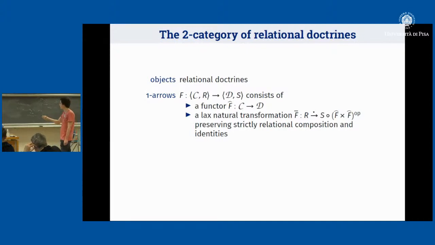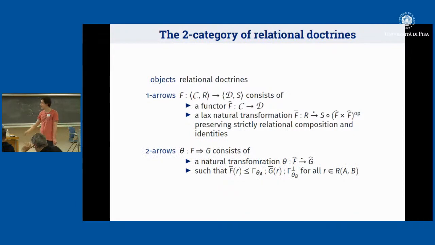And two-arrows are just the natural transformations between the underlying functors of the one-arrows, which have to satisfy that usual inequality that basically says that these natural transformations respect the second component of the one-arrow.